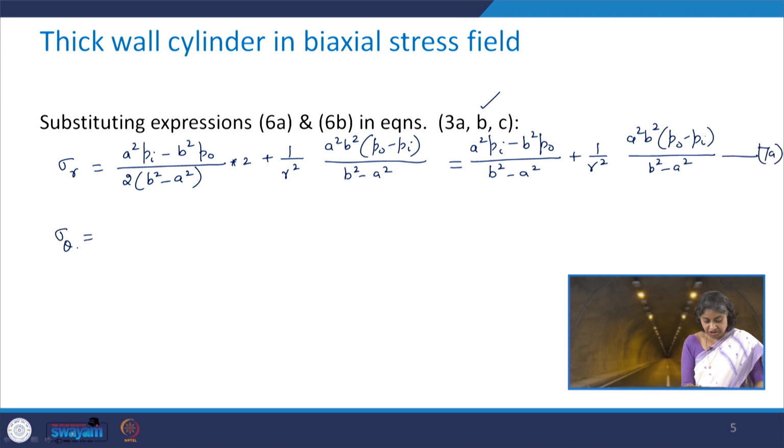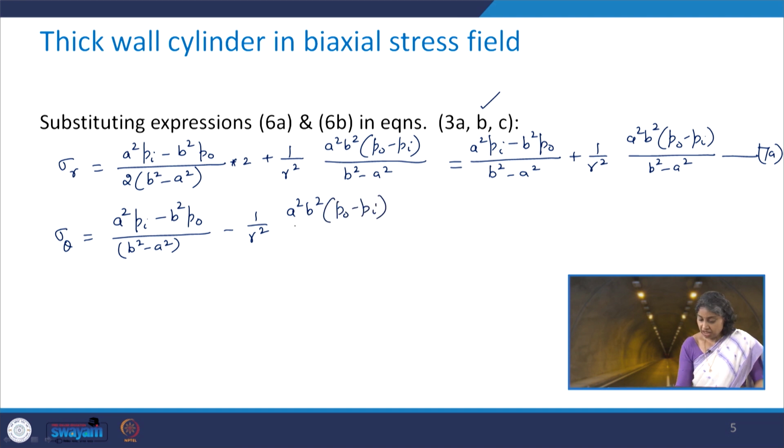Similarly, we can determine sigma theta. That is going to be a square p i minus b square p naught divided by b square minus a square, minus 1 upon r square a square b square p naught minus p i divided by b square minus a square. This is going to be 7b. And of course, my tau r theta is going to be equal to 0.